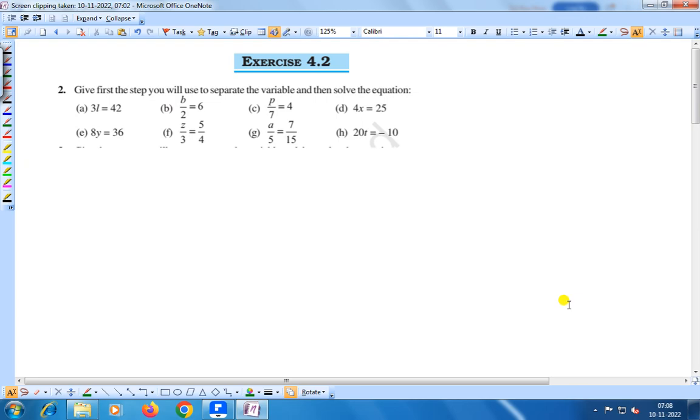Now question number E is 8y is equal to 36.